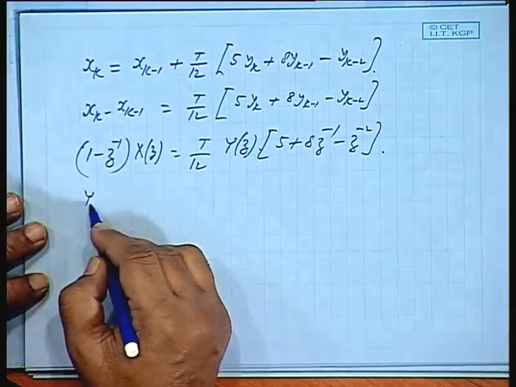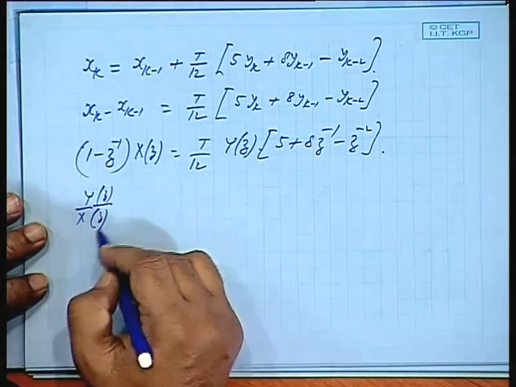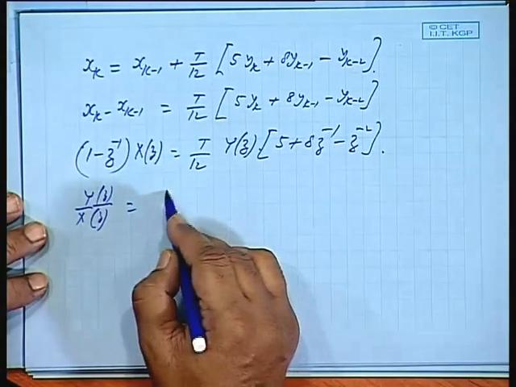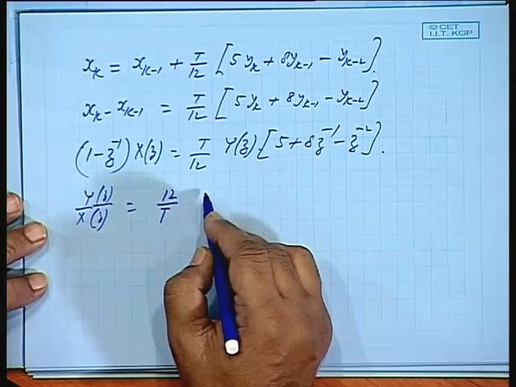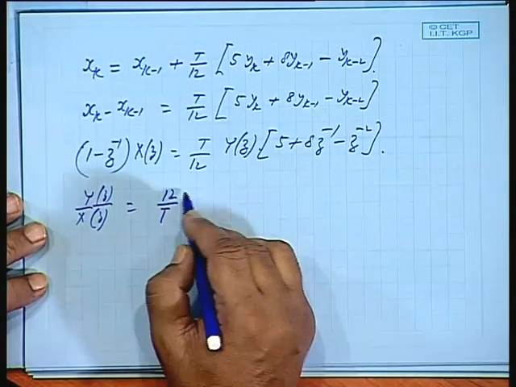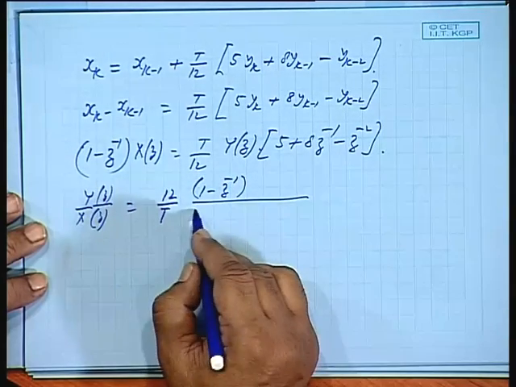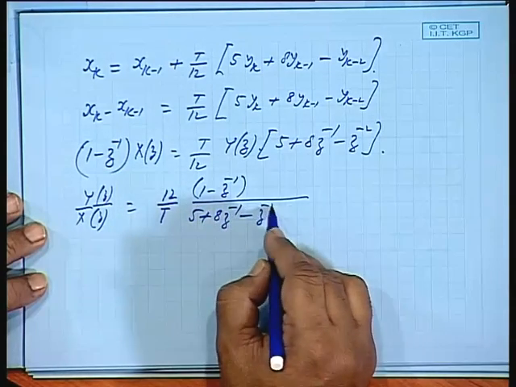So, yz by xz will be 12 by t, is it all right, 1 minus z inverse by 5 plus 8 z inverse minus z to the power minus 2.